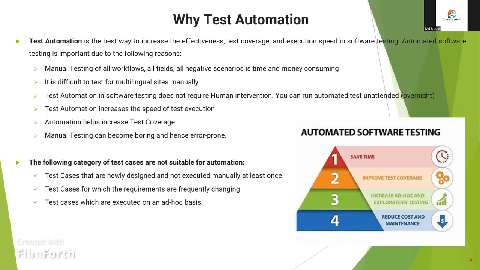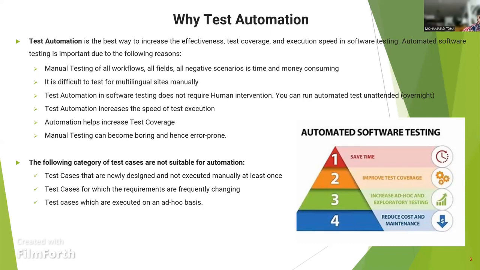So the test cases that are newly designed should be executed manually at least once, or more than once, but at least once minimum, so that if there is any fault, any flaws, any design issues, any change requirement issues, everything can be fixed before you automate those test cases or test scenarios.